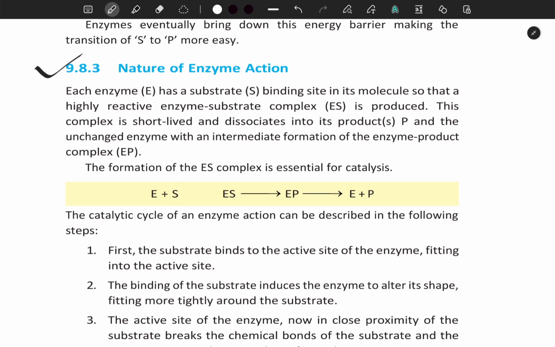The catalytic cycle of an enzyme action can be described in the following steps. Number 1. First, the substrate binds to the active site of the enzyme, fitting into the active site. Second, the binding of the substrate induces the enzyme to alter its shape, fitting more tightly around the substrate.